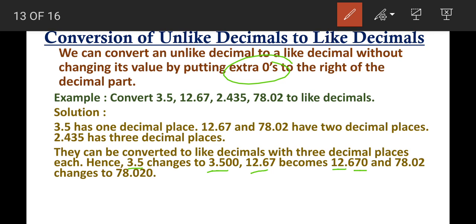As the maximum number of decimal places here is three, we are converting each number to three decimal places.